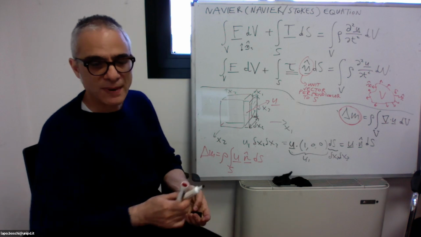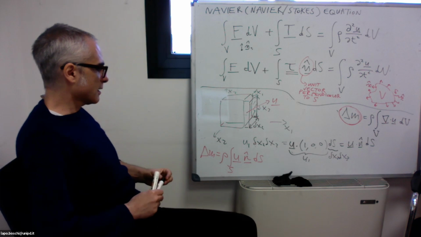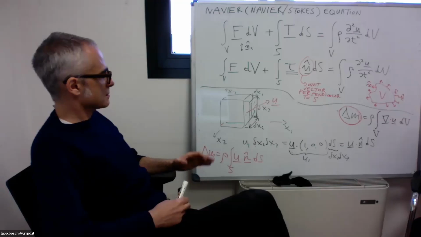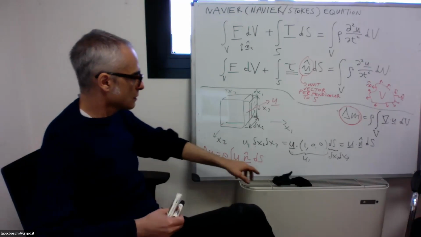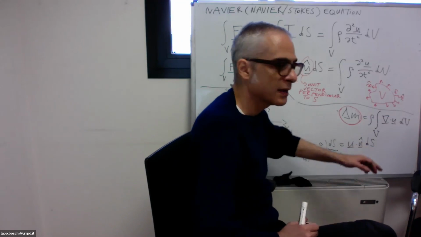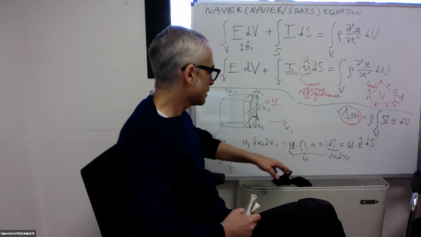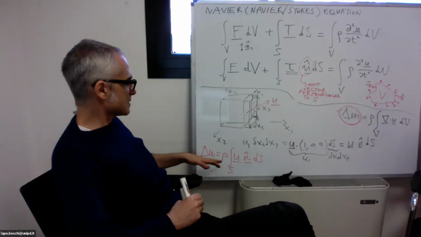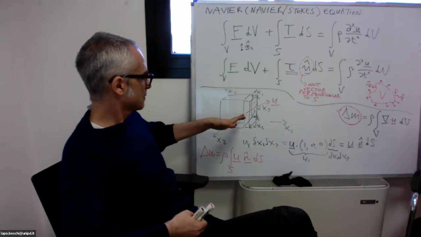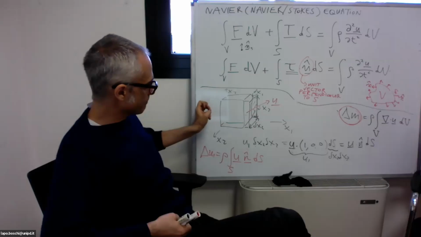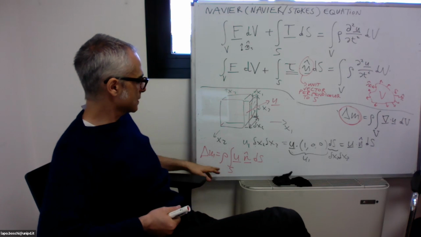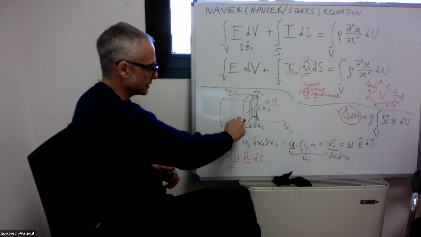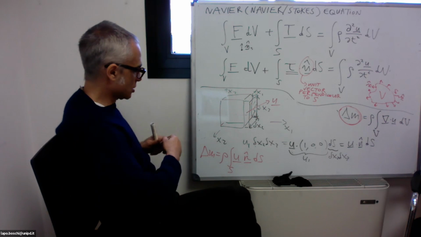You know, how much mass has gotten out of my initial volume V. If now I keep V constant and I calculate how much mass has left V, because it's been displaced across the surface that bounds V, well, it's just the integral of this change in volume, right?